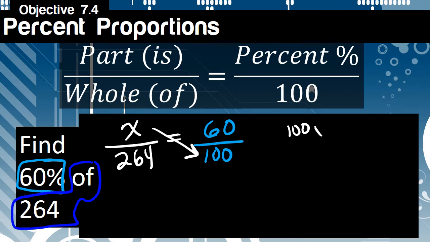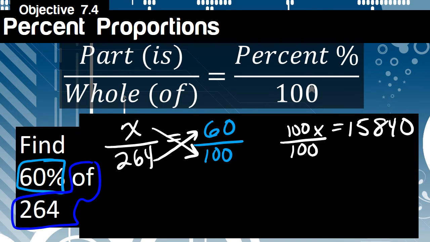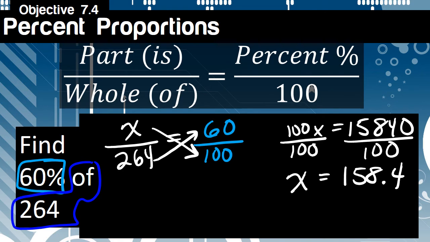We have 100x is equal to 264 times 60, which comes out to 15,840. We can divide both sides by 100, which gives us x being equal to 158.4. So we can say that 60% of 264 comes out to 158.4.